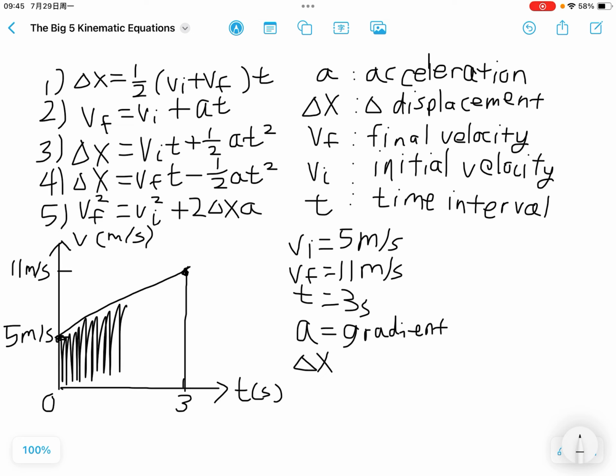Well, it's basically this whole graph here, because every single dot between the time interval corresponds to a specific velocity, which also corresponds to a specific displacement. If you add these changes in displacement up, then you get this whole graph, right? Every single line here counts, and there are infinitely many lines, so this just gives you the whole graph here. So basically our delta x is the area of the trapezoid, or trapezium, but okay, I'll just call it trapezoid. So the area of the trapezoid.